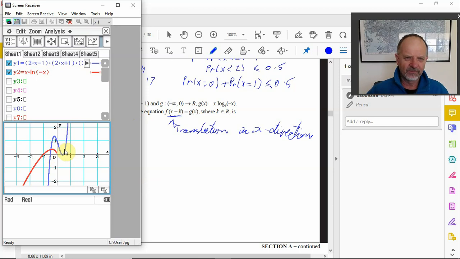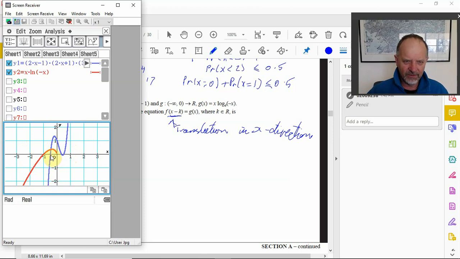All right, so shift it to the left, say shift it to the left 2, for example, then that's going to bring this point down there somewhere. Actually, we don't need it that far down.